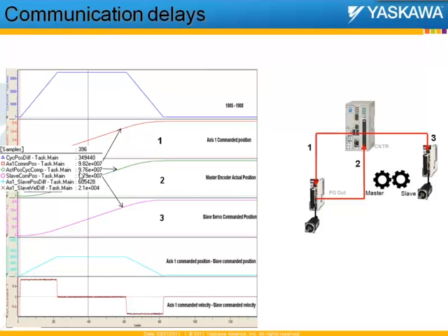Then we applied further compensation using parameter 1307 to compensate for the delay in the controller sending a command out, and you can see that this compensation pushes the command position on the slave from 9.76 to 9.79. So this compensation is because of 1307, and that compensation was because of 1305.